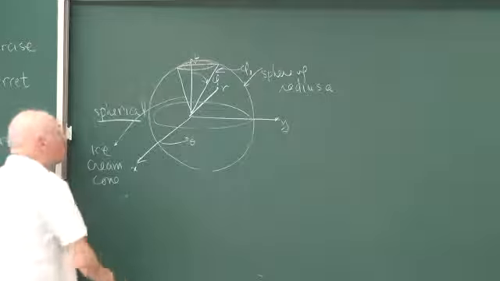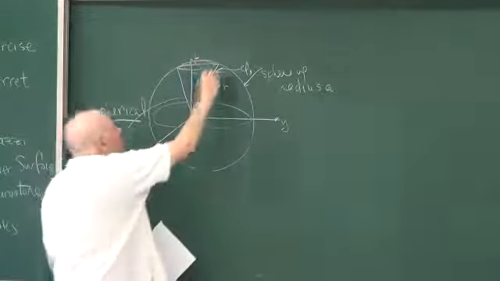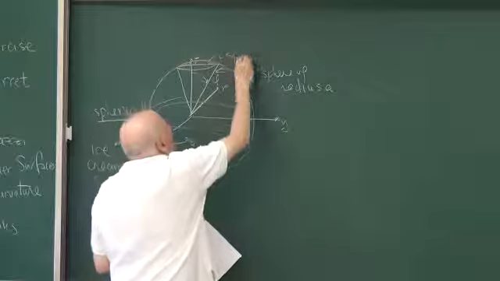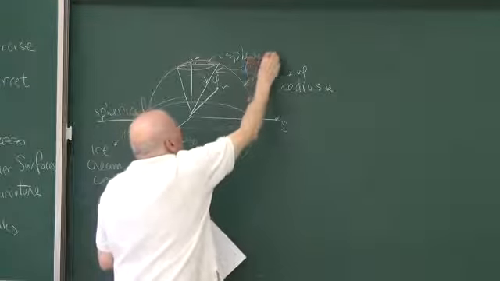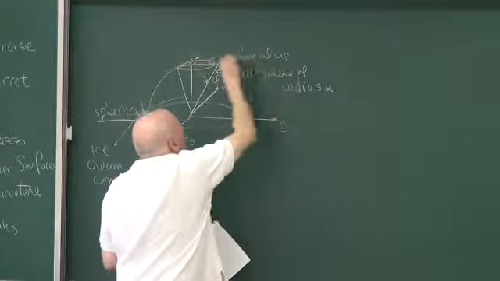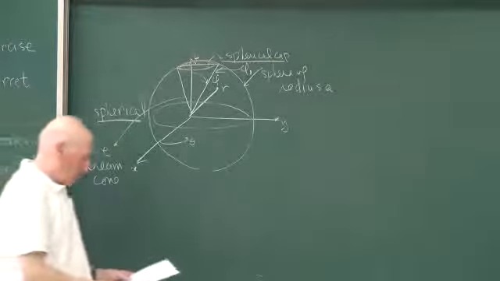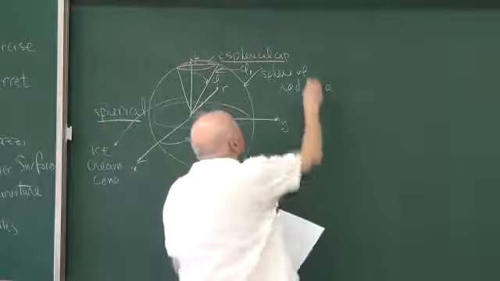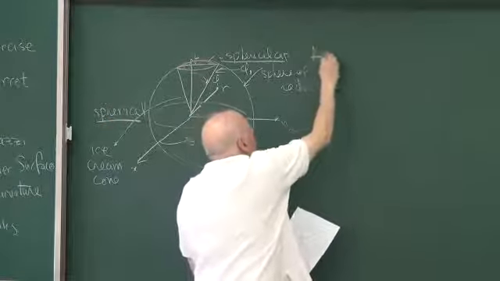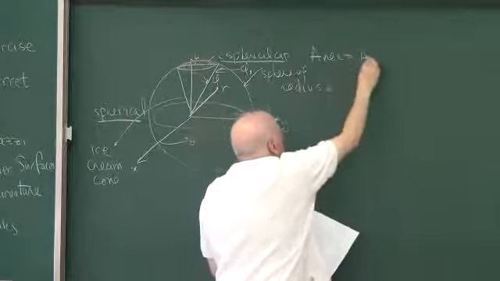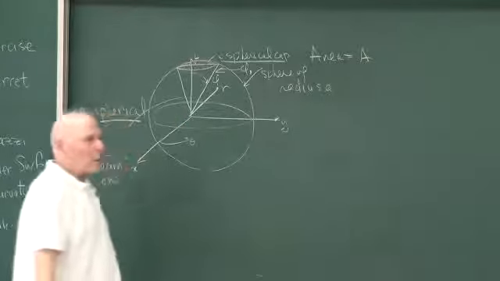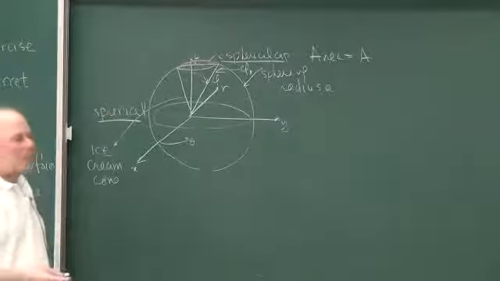So this is called the spherical cap. Okay, and that has an area. So the area of the spherical cap we can call A. And now the calculus exercise is what's A?